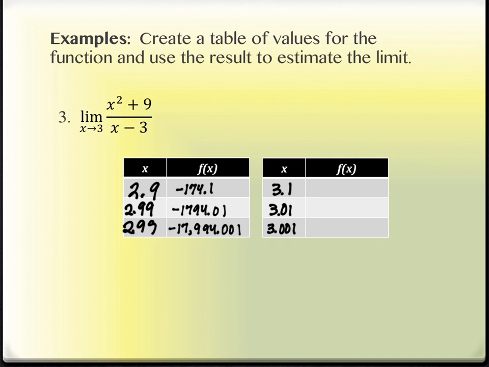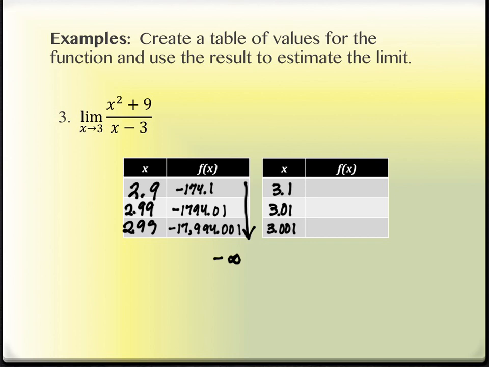What does it seem like is happening as I go down this table? First of all, it's negative, right? Negative what? What do you think? Well, it's getting infinitely large and negative.